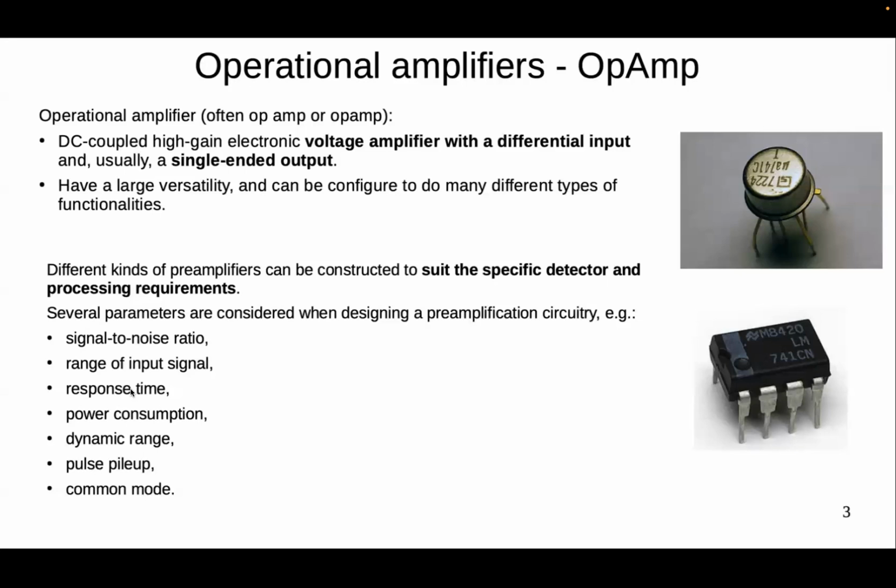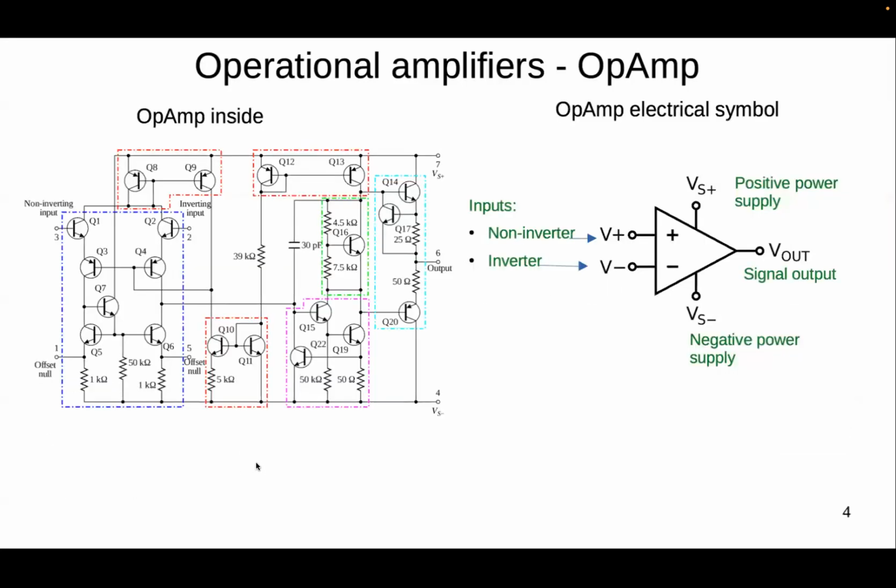We also want to take care of the response time according to our needs. Power consumption is also very important, as is the dynamic range. Pulse pileup is also related to the time response. And common mode is related to noise rejection, and maybe we'll see some details about this later.